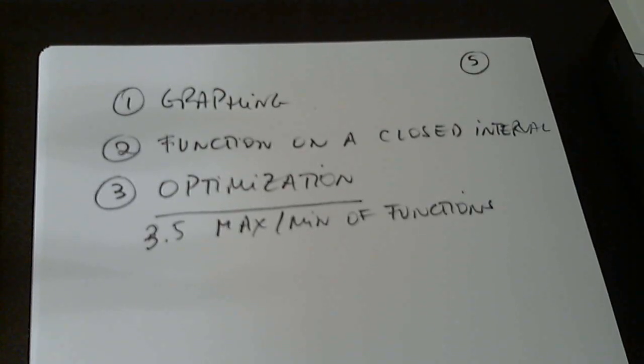328. Good. So, maximizing area. Maximizing volume. Minimizing surface area. Maximizing profit. Maximizing revenue, and so on and so forth.